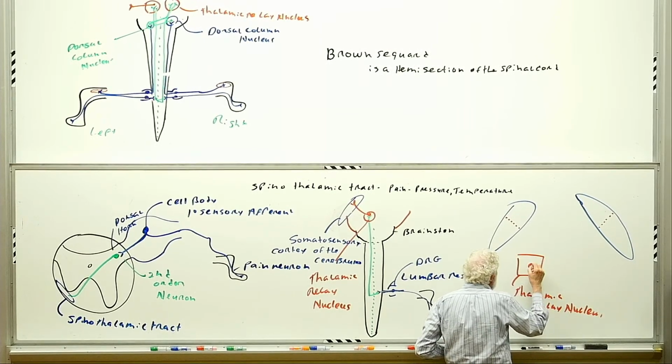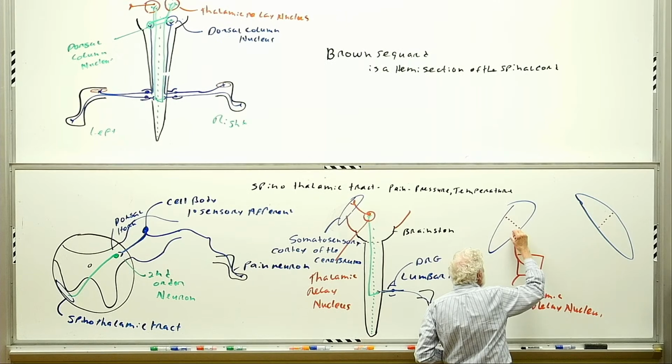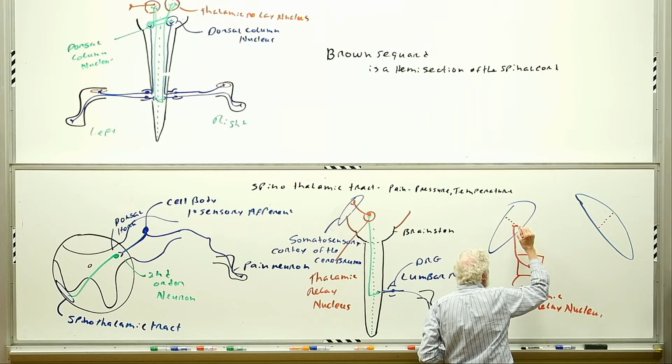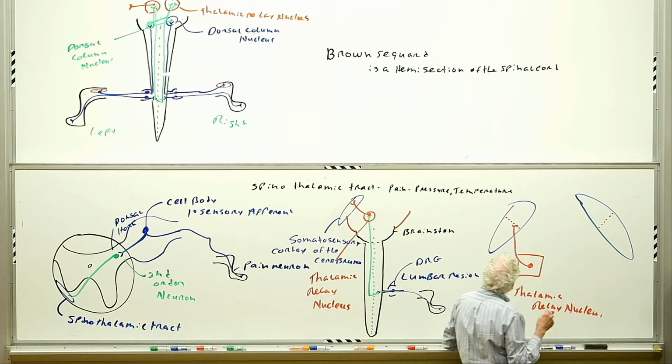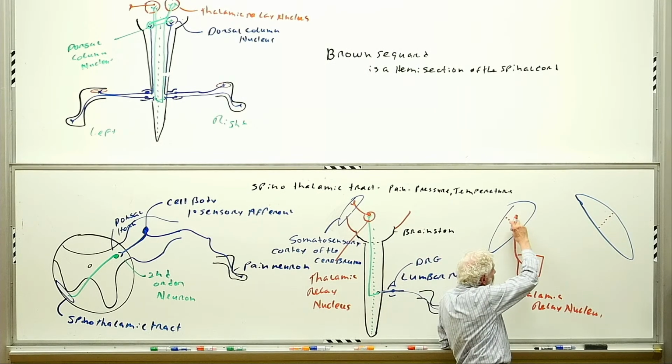These neuronal cell bodies extend from the thalamus and find their way to layer 4 of the somatosensory cortex. Did I say that right? Is it 4 or 5? 4, okay. So it goes to layer 4.